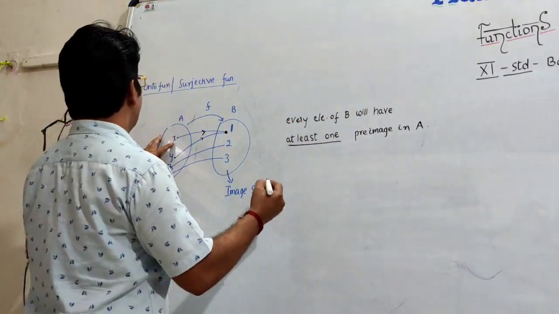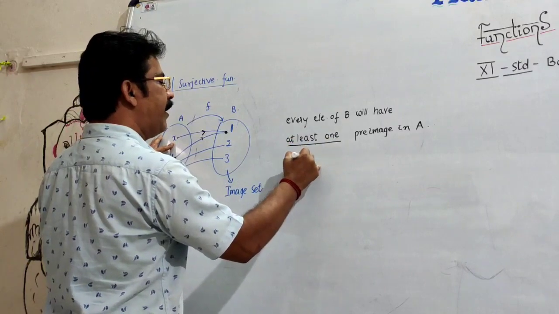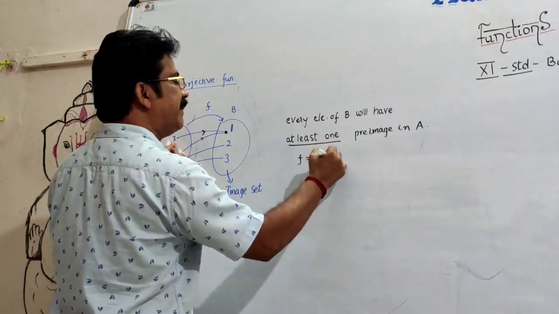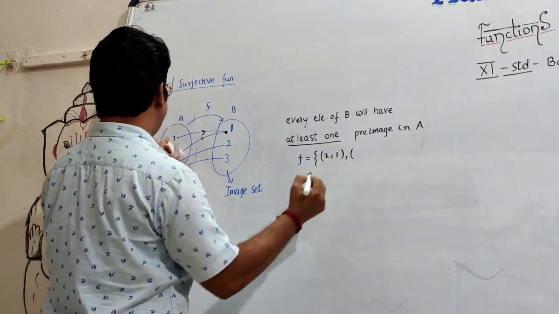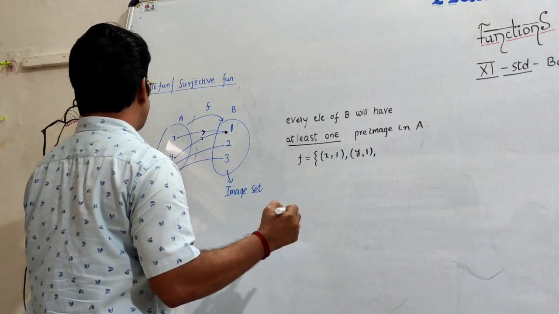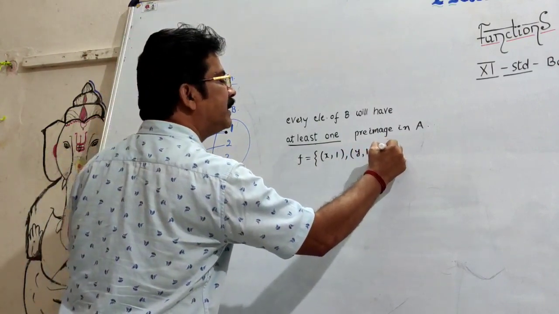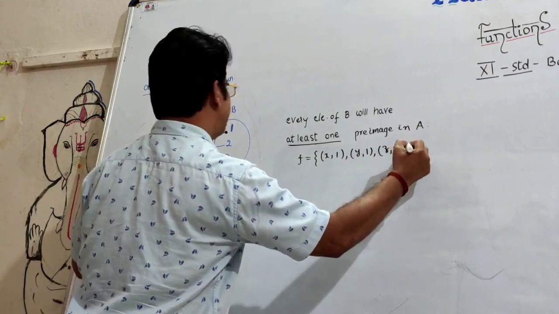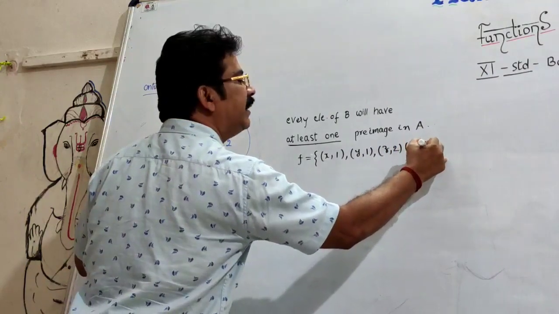Here f of x is equal to 1, that is, x is mapped with 1 and y is mapped with 1. Next z is mapped with 2. Next p is mapped with 3. Okay.